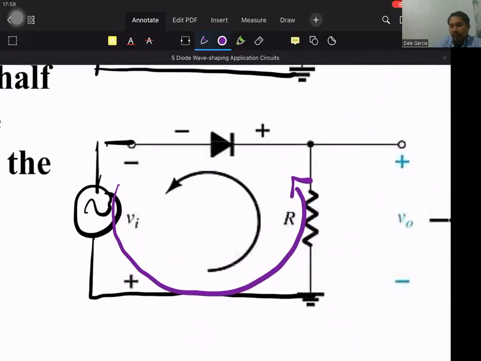Try to observe. In the negative half cycle, or in the direction of the purple current, what is the condition of our diode? Is it forward bias or reverse bias? Okay, type 1 if forward, type 2 if reverse, in the chat.